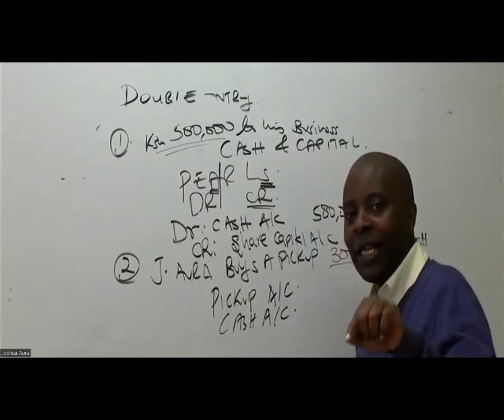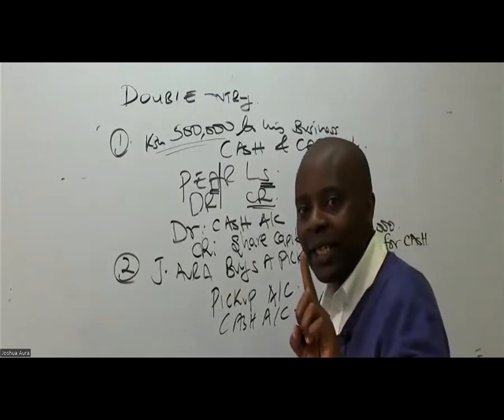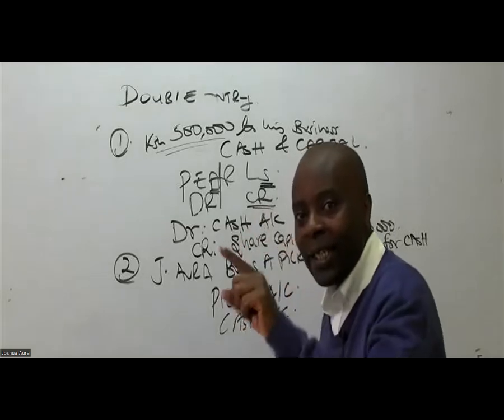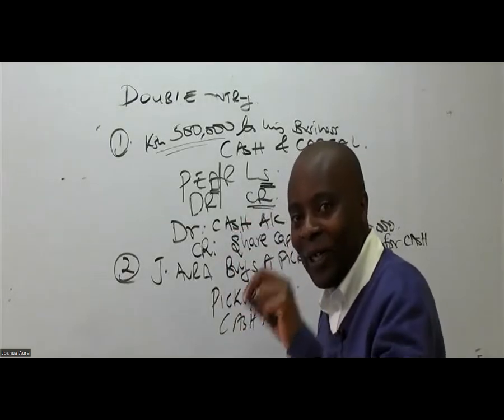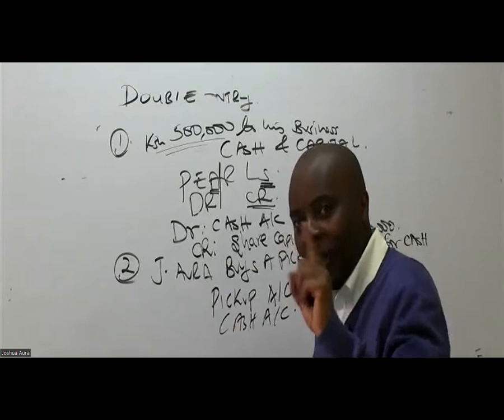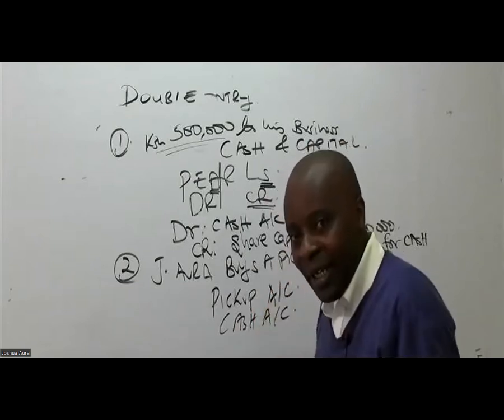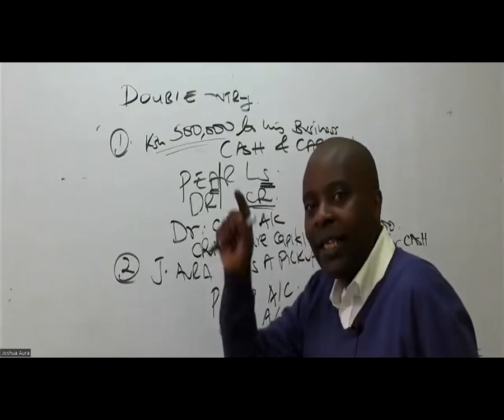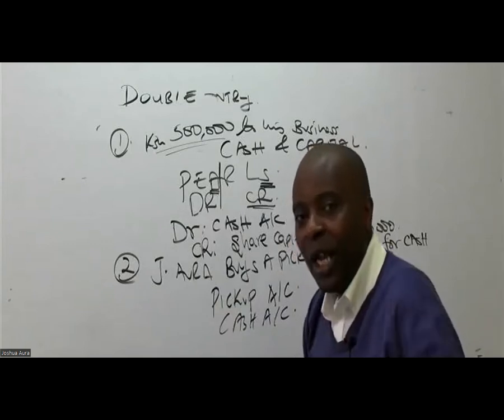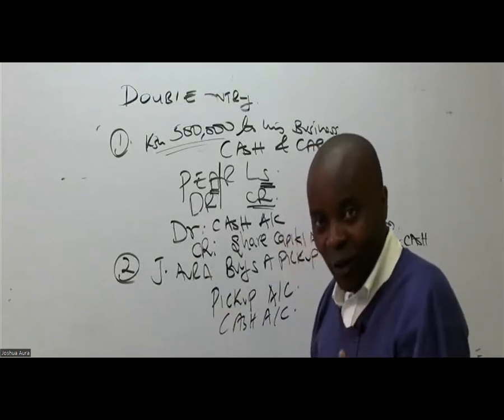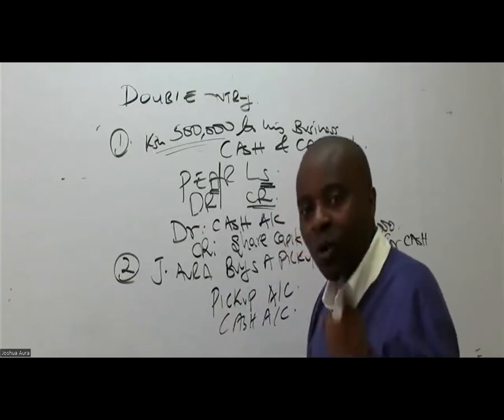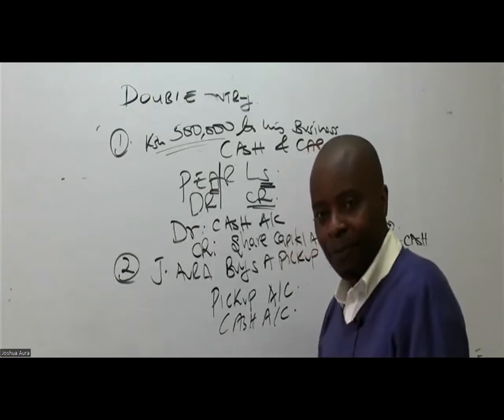So what does it mean when assets go down? When they go up, when they increase, we are debiting. When an asset reduces, we shall be doing what here, somebody? We shall be crediting. When an asset reduces, we shall be crediting.